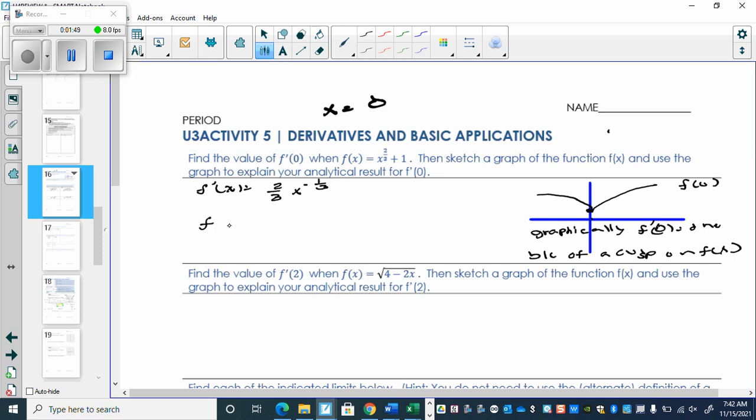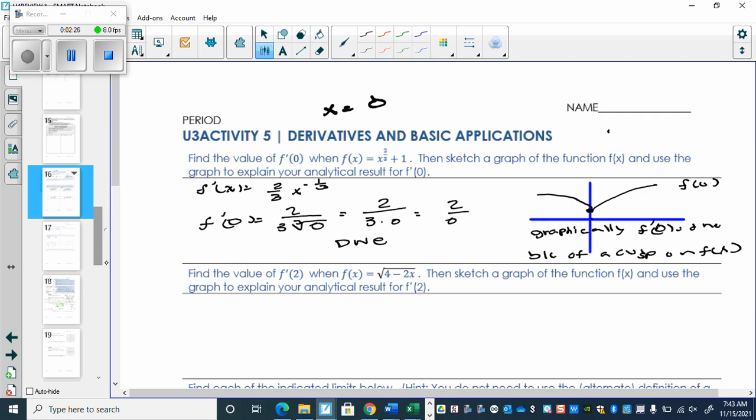So f prime of 0 is going to be 2/3 cube root of 0. That's going to be 2/3 times 0, which leads me to 2/0, which does not exist. So I proved this analytically as well as graphically that this derivative does not exist.